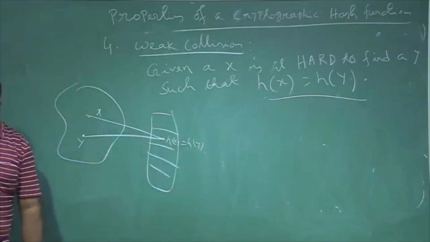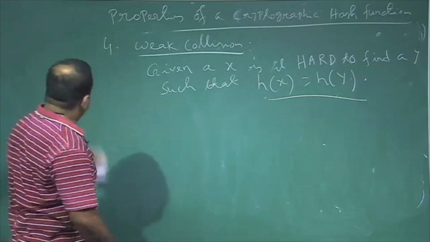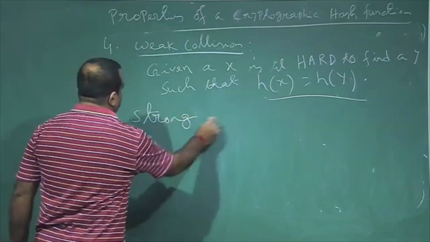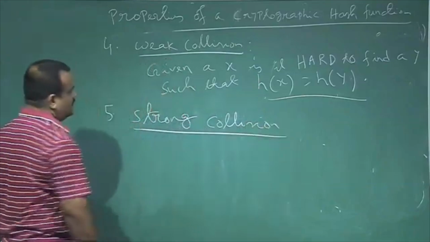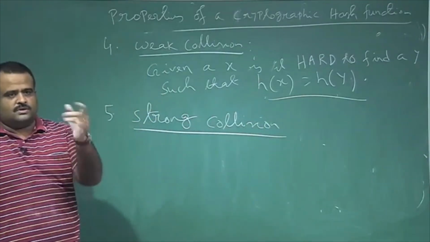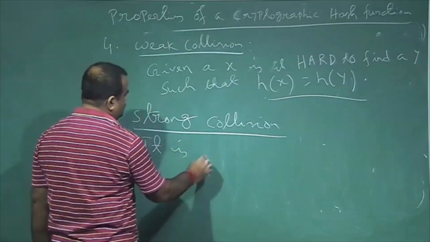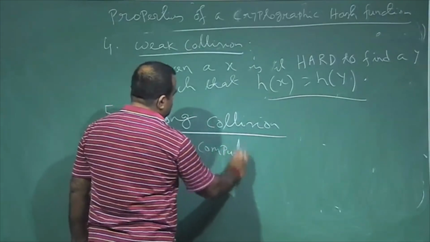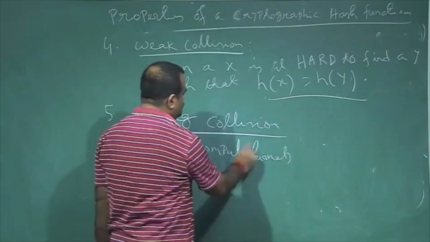So, this is the weak collision, and the strong collision is basically that it is hard to find the pair x, y which are colliding. It is computationally hard; hard means computationally infeasible.